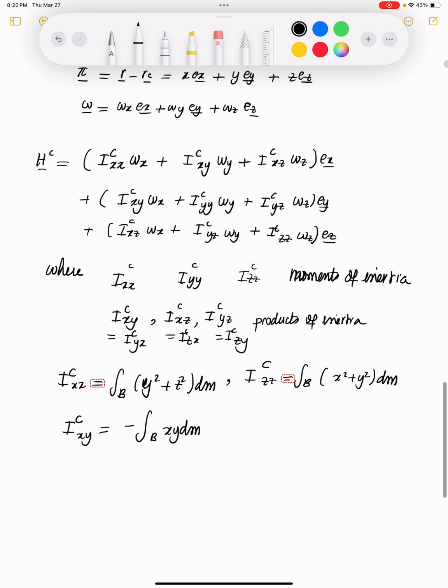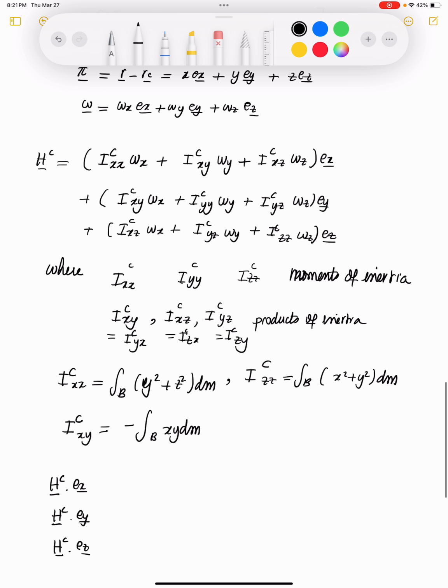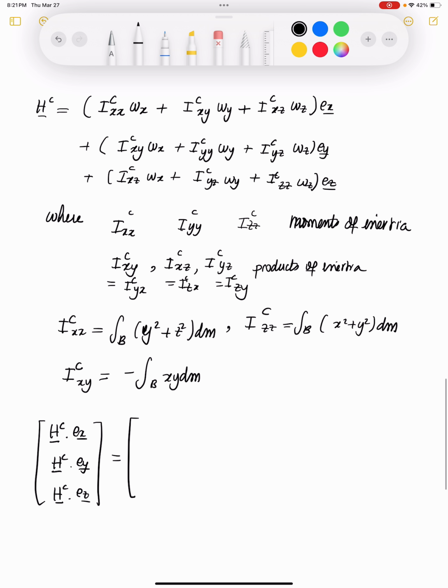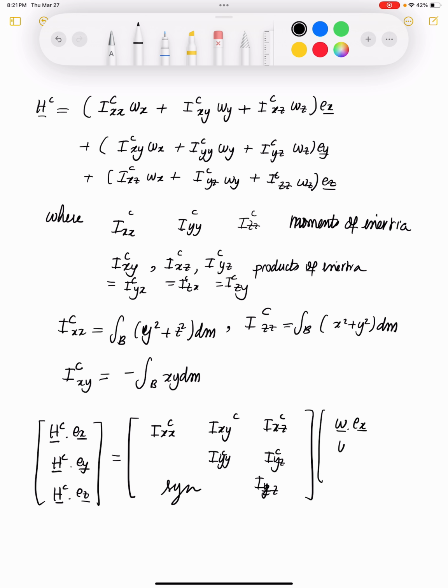I can say that hc dot ex, hc dot ey, hc dot ez is equal to the matrix Ixx, Ixy, Ixz, Iyy, Iyz, Izz, and this is symmetric, times omega dot ex, omega dot ey, omega dot ez.